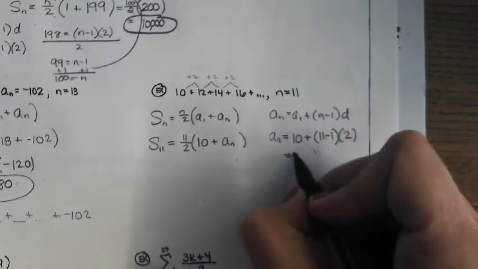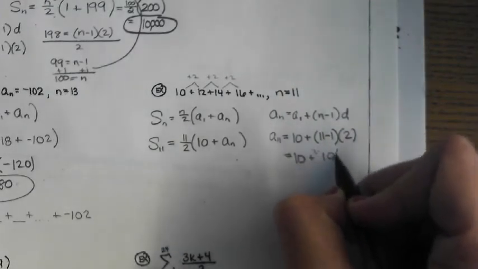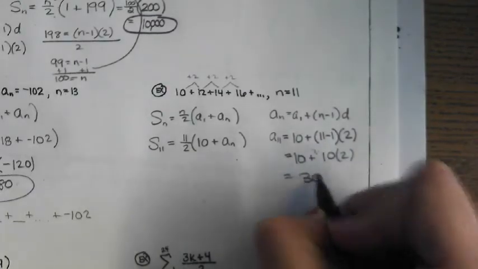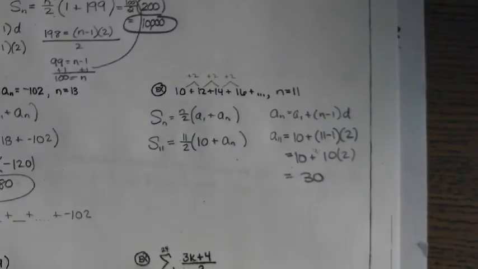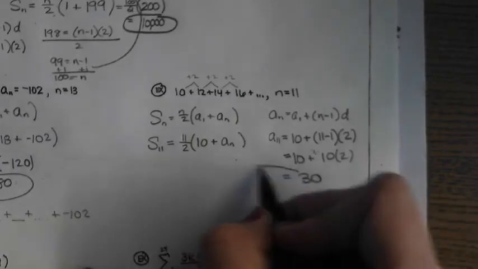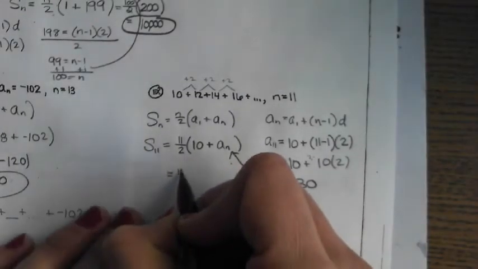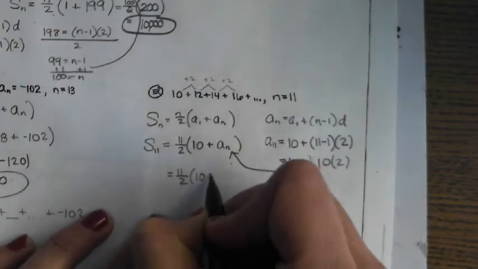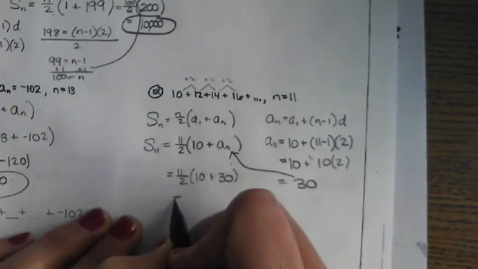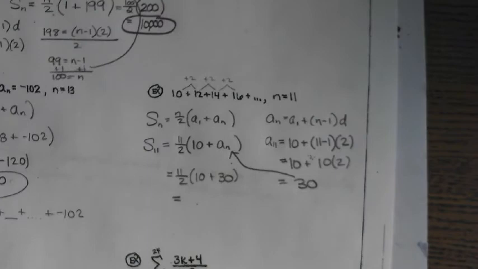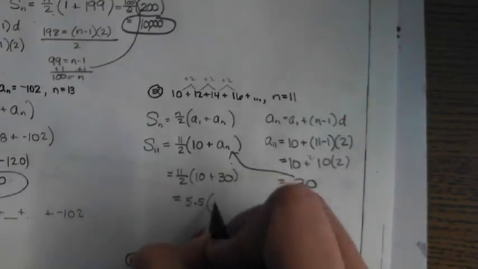So my 11th term is 10 plus 10 times 2, which is 30. So if I now know my last and 11th term, I can go back and use that. So this will be 11 over 2 times 10 plus 30, which is 11 halves, 5.5, times 40.